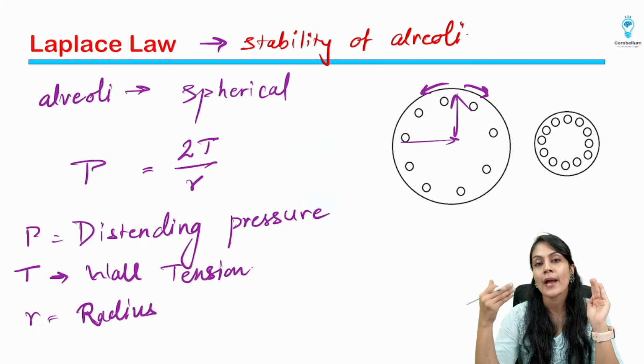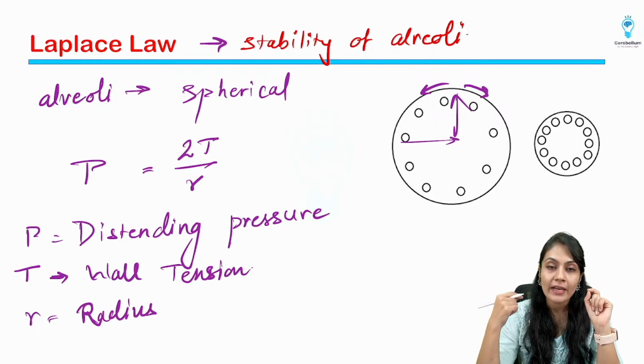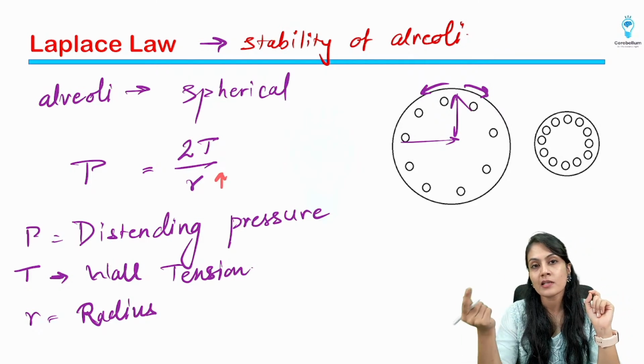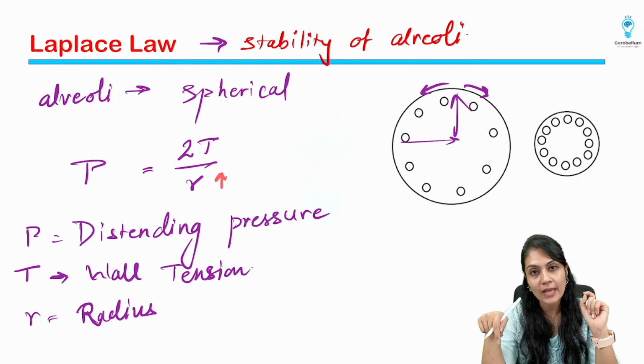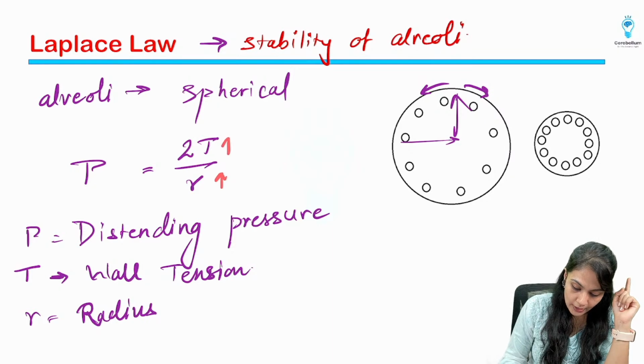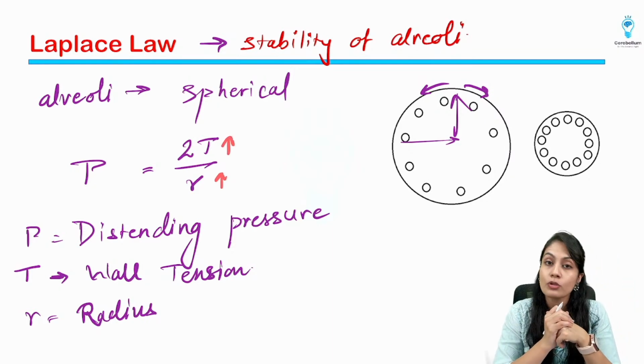Okay, what is going to happen in this case? Whenever you are inspiring, what is going to happen? The radius will increase. As the radius increases, the distending pressure will start to fall. But remember, as the radius is increasing, a proportionate increment in the tension will also be seen.